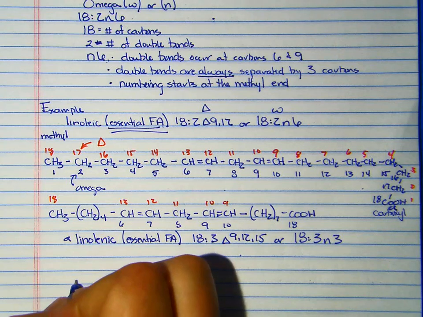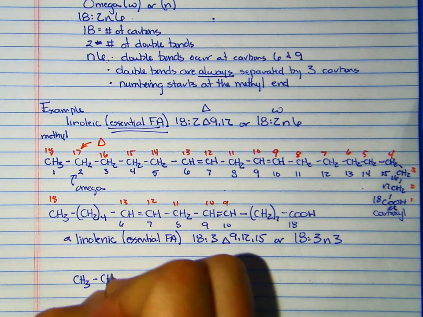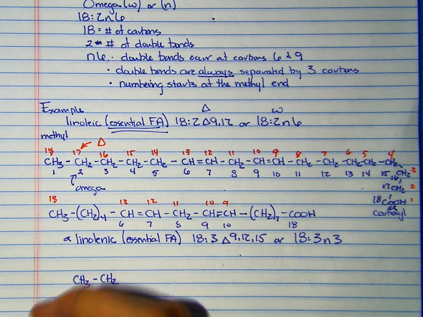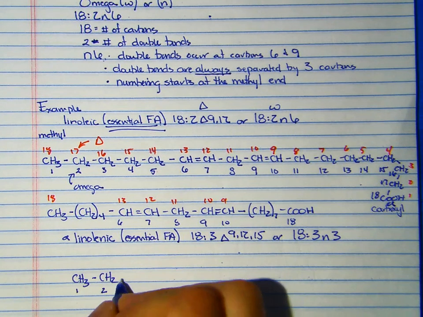So we come down and we write CH3 bonded to CH2, and so this carbon 1 using the omega system, this is carbon 2.